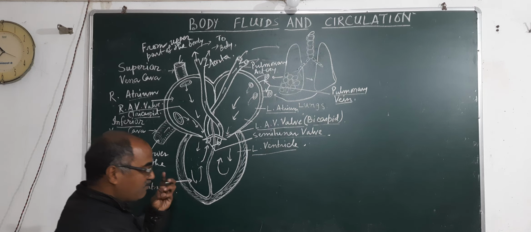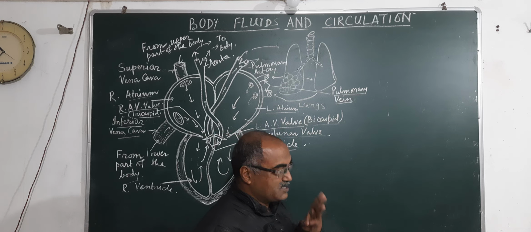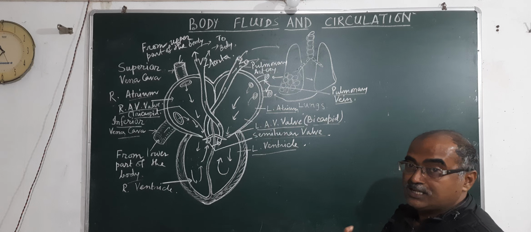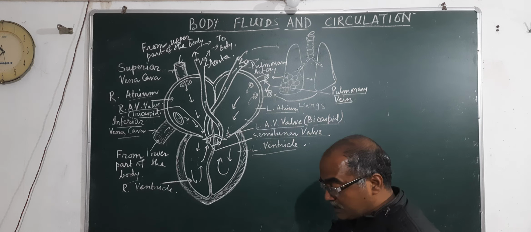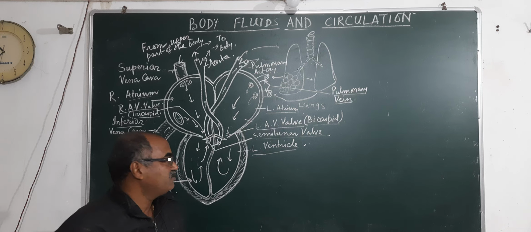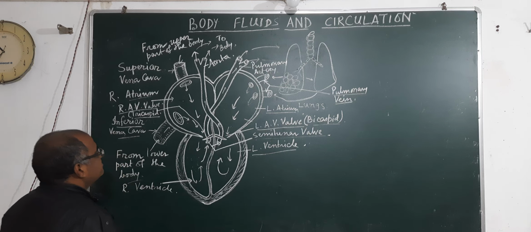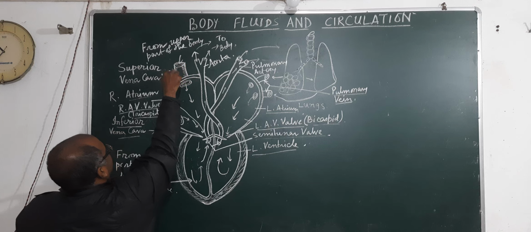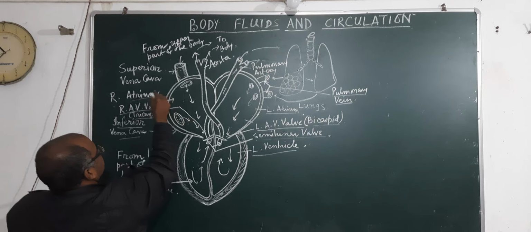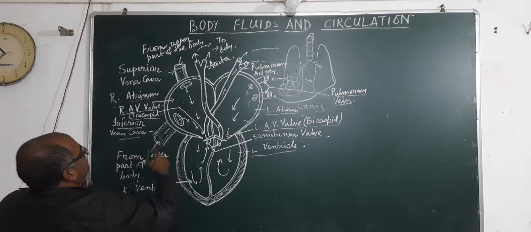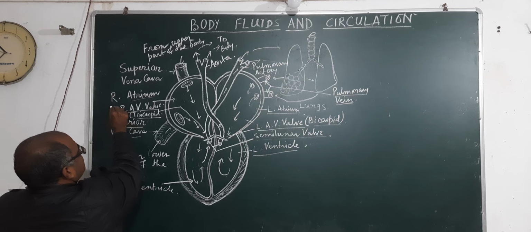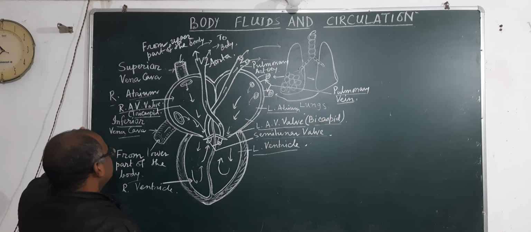Just think, our brain weight is 3% of our body and it absorbs 40% of oxygen, and the whole rest of the body absorbs 60% of oxygen. So from the brain and upper part, blood comes through the superior vena cava, therefore it is called superior vena cava and inferior vena cava. Blood comes first of all to the right atrium.